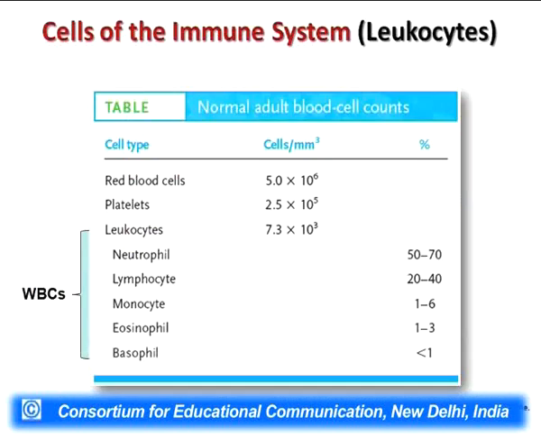Now, what are the basic cells of the immune system? We know that there are various blood cells which circulate within the blood vessels, like the red blood cells and platelets, which are very important in blood clotting. Then come the leukocytes.